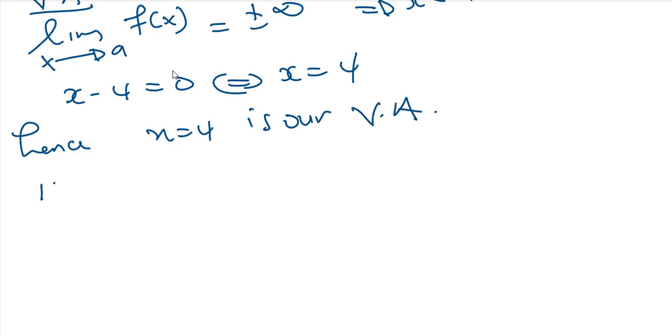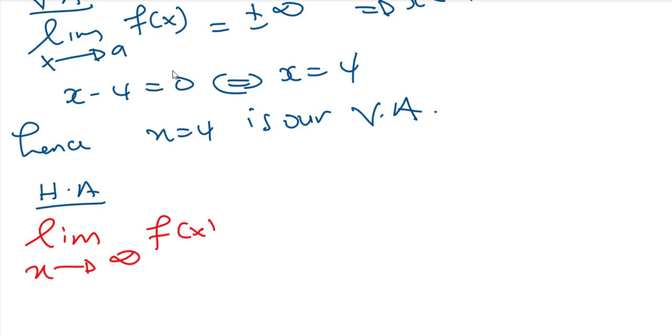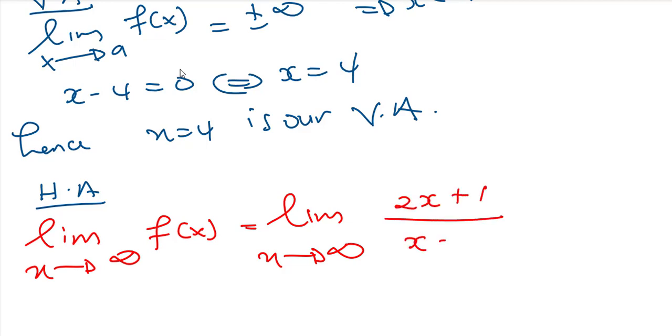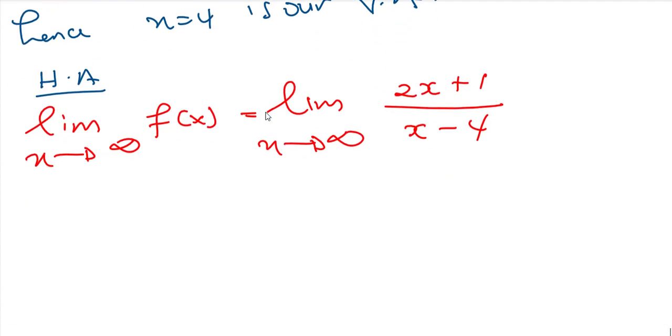Now let's see the horizontal asymptote. The horizontal asymptote is obtained by evaluating the limit as x approaches infinity of the function f of x, which is the limit as x approaches infinity of (2x plus 1) divided by (x minus 4). To evaluate this, we divide top and bottom by the highest degree of x, which is x.